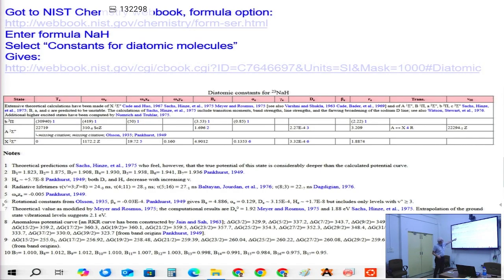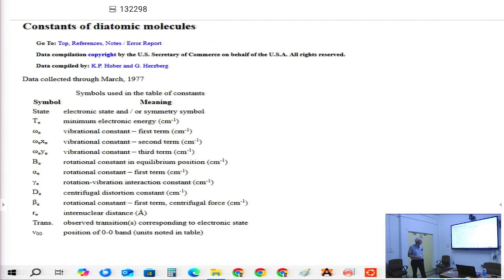Omega E and omega E XE are vibrational constants, so we'll talk about these in due course. These are all the symbols you get in there: rotational constant, centrifugal distortion, internuclear separation. But do note that the data is only complete to the 1970s.